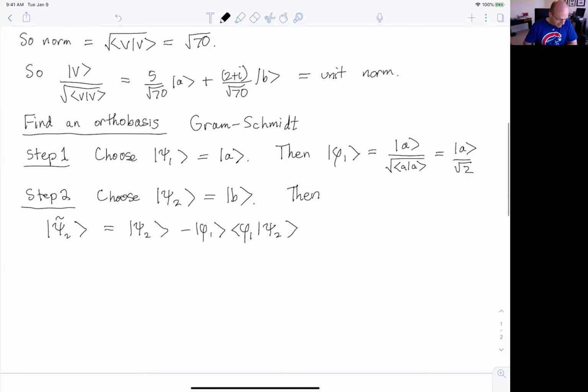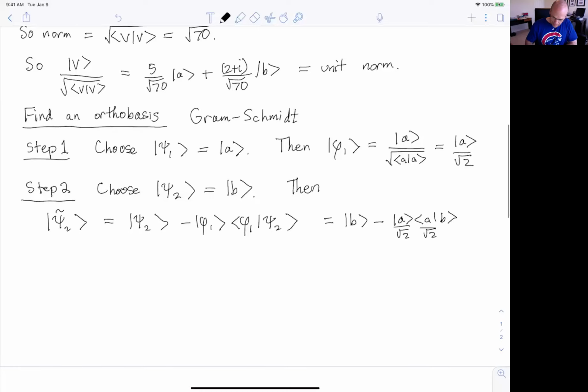Okay, which in this case is going to be B minus A over square root of 2, A over square root of 2 times B. So that's B minus 1/2 A. And then A inner product with B was 1 plus i.